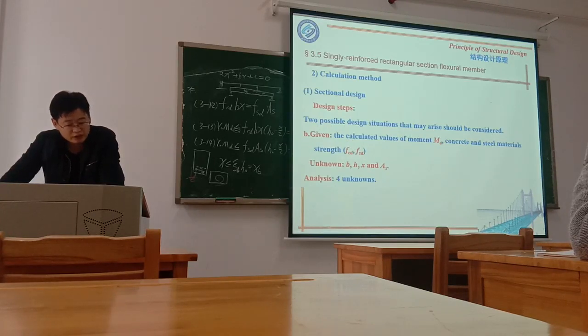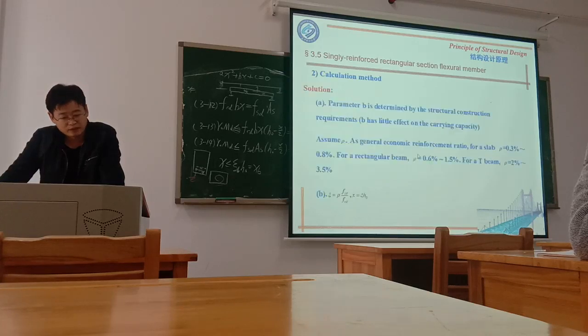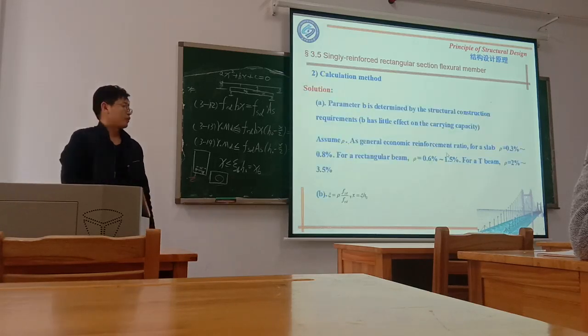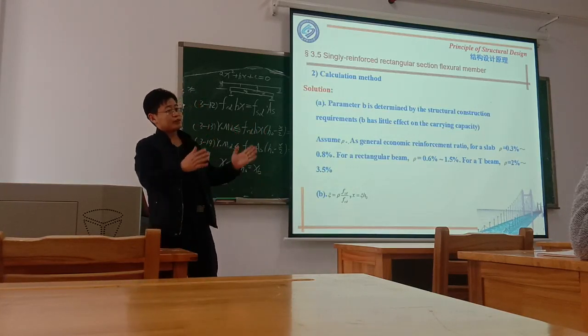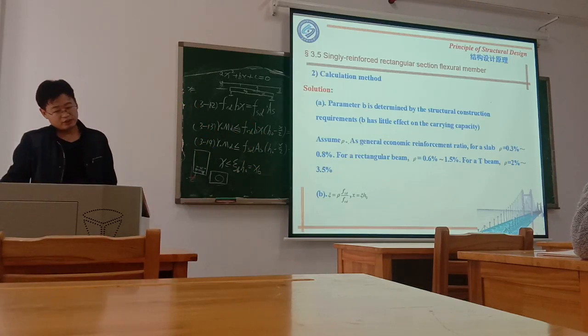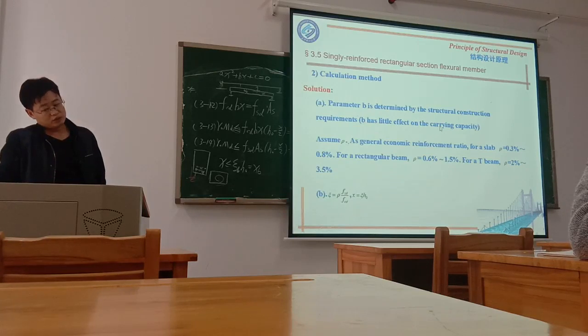So in this question, there are parameters you don't know, unknown variables. So for this type of situation, how to do the calculation? First, parameter B, the width of the section, is normally determined by the structural construction requirement, because B has only a little effect on the load carrying capacity.